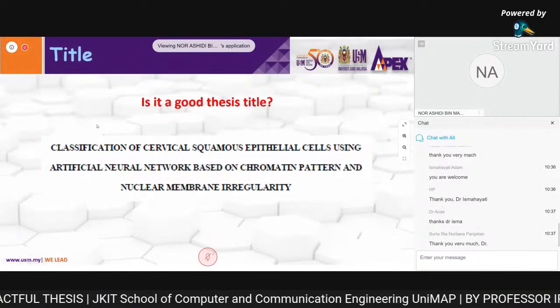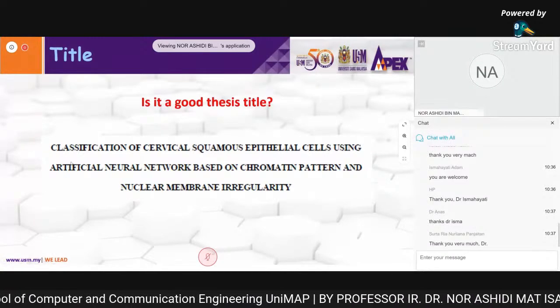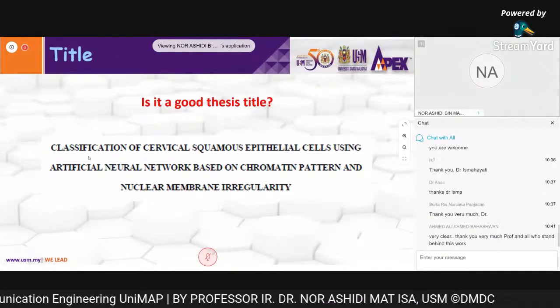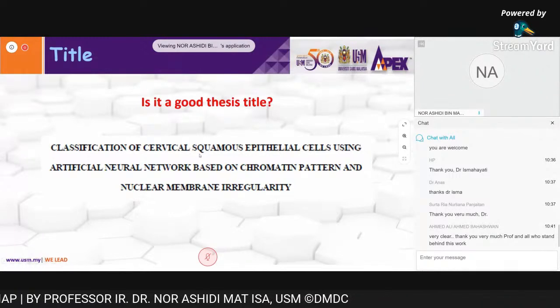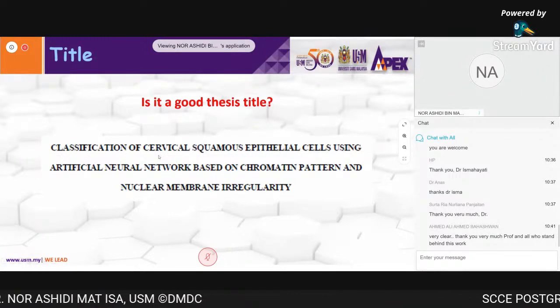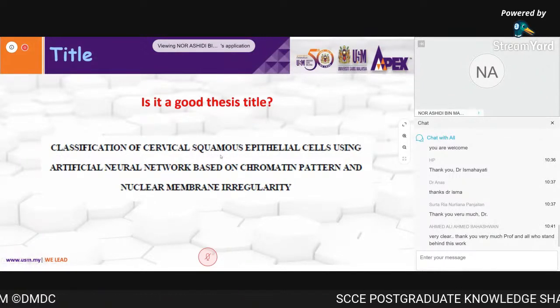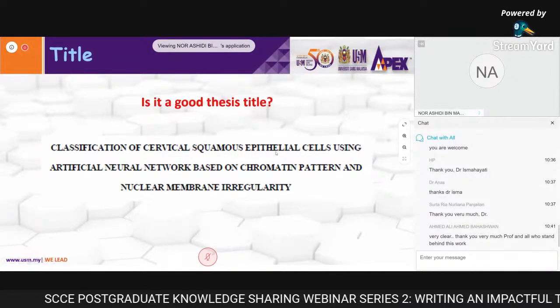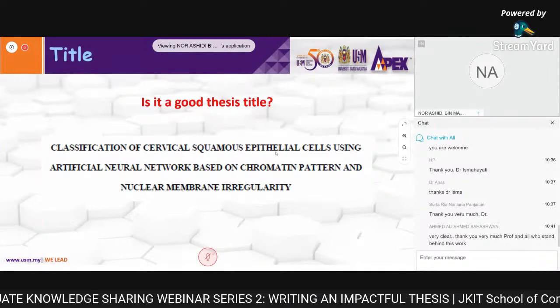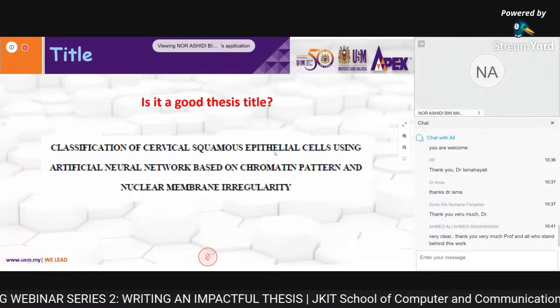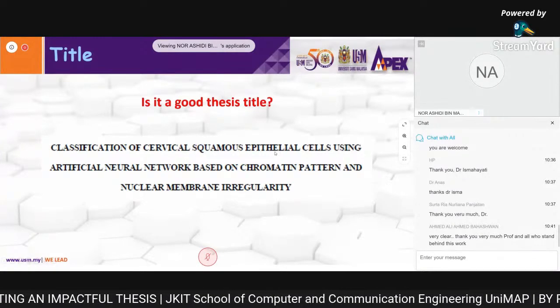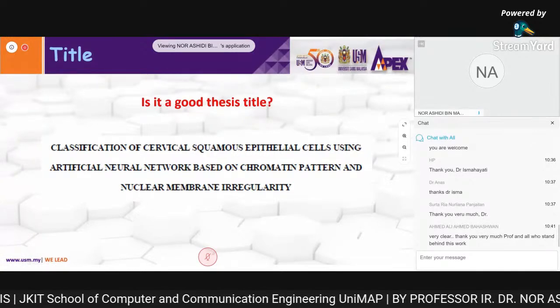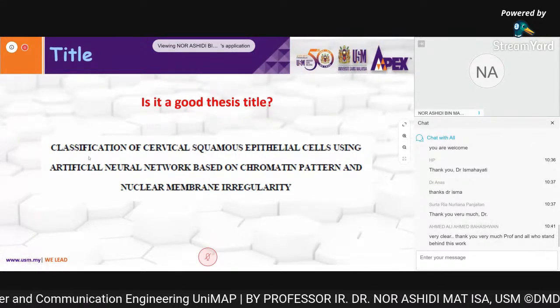For me it is acceptable, because we know what the work to be done is, which is to classify the cervical cell. The cervical cell is a cell that comes from the human cervix.